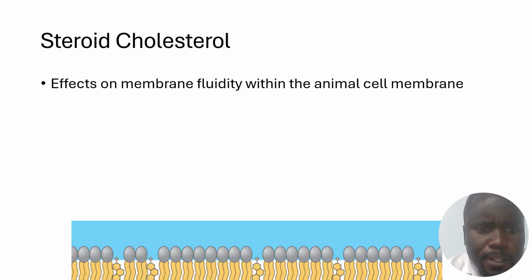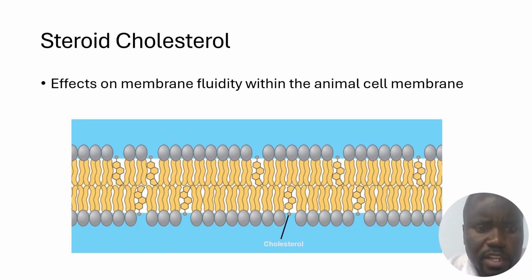Otherwise, cholesterol, as you will see here, interdigitates amongst the tails of the bilayer, making the tails and the bilayer more fluid and able to slide one on the other.